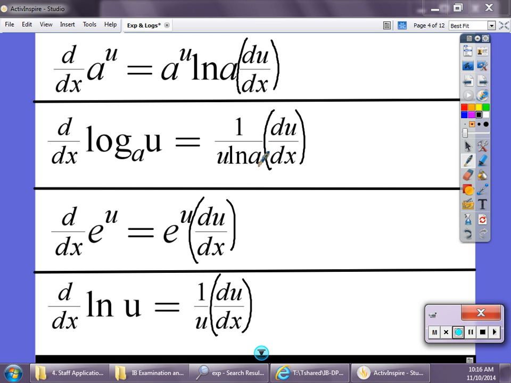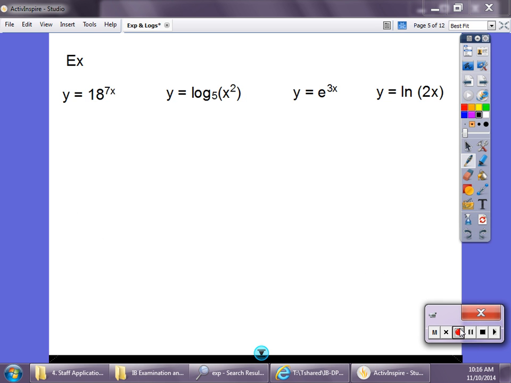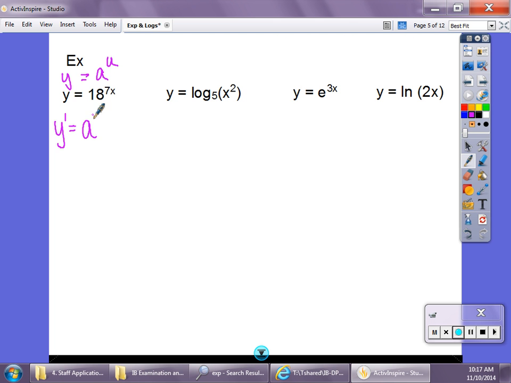Okay, let's do an example now that you've got these down. Here's the first example. It says y equals 18 to the 7x. Write this down. The first thing you want to do is identify which one we are looking at. This is y equals a to the u. What's the a? 18. And what's the u? 7x. Now, what is y prime equal to? A to the u, natural log of a, times du dx.